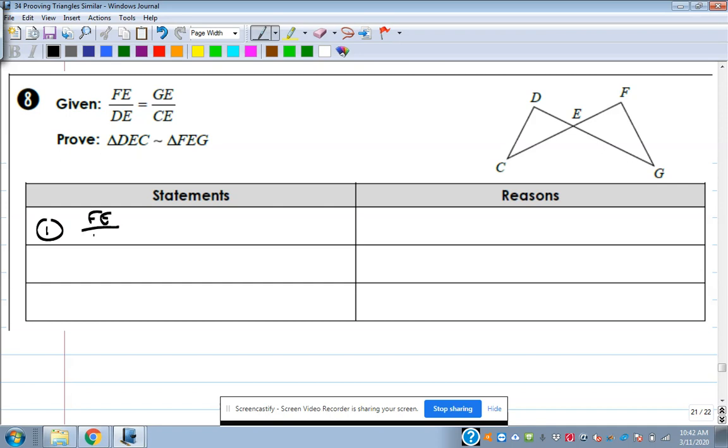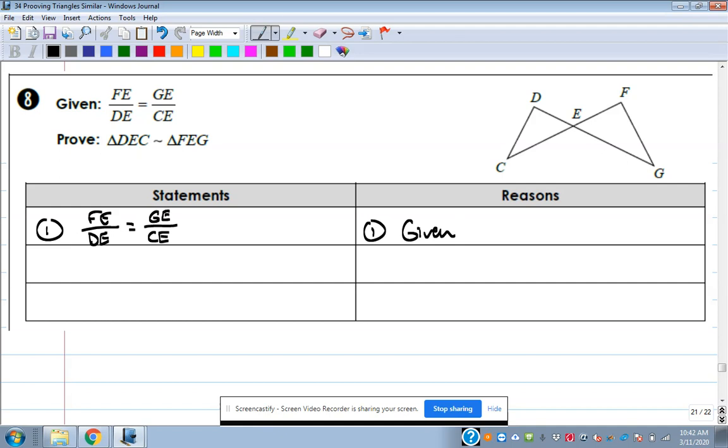FE over DE equals GE over CE. Everybody gets number one for free. You guys are pretty good at the bow tie looking ones anyway.